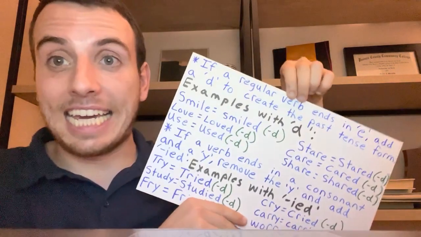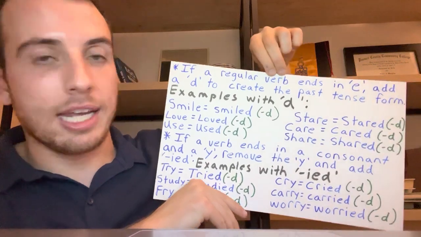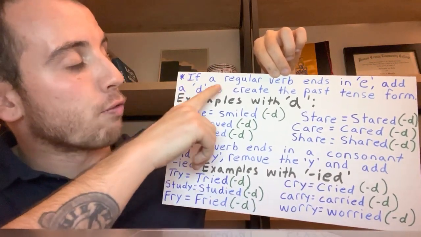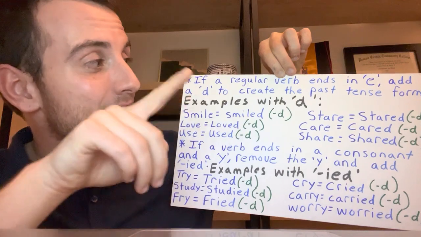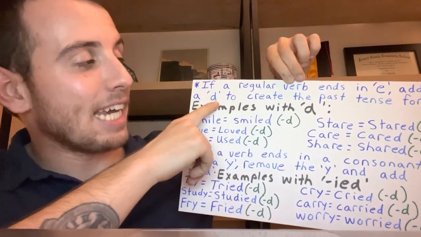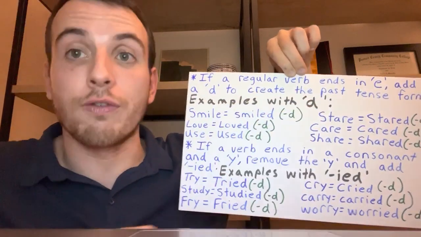So for the next rule, adding D to a verb to make it in the past tense. If a regular verb ends in E, add a D to create the past tense form.